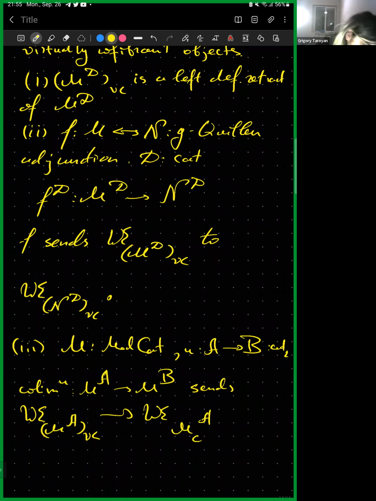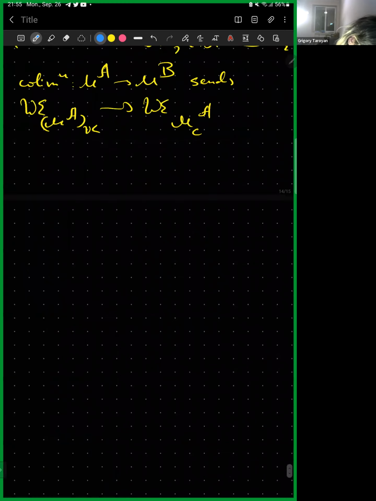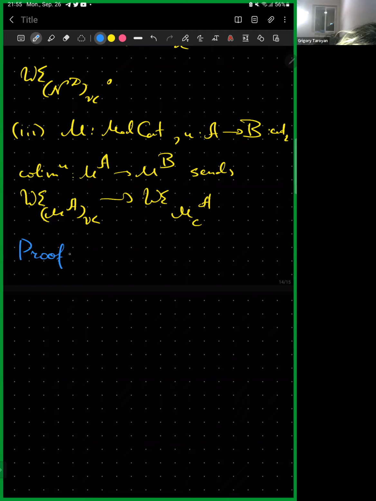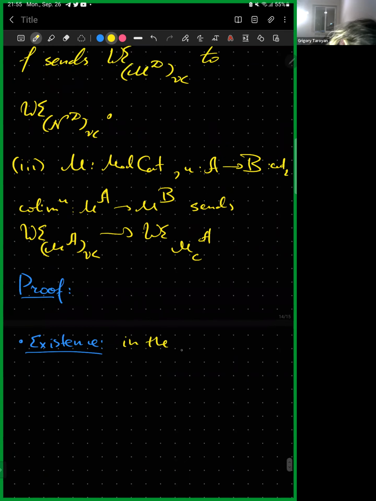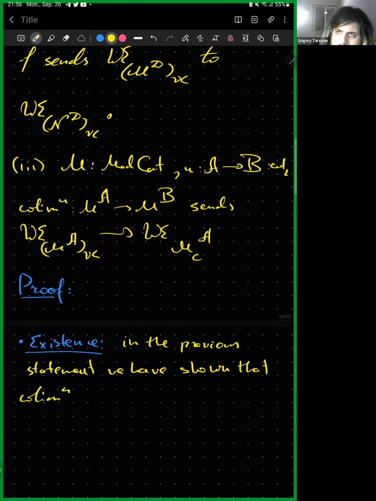Okay, so let's start with existence. This is actually not that hard because in the previous statement, we have shown that the colimit U functor is in fact left deformable.